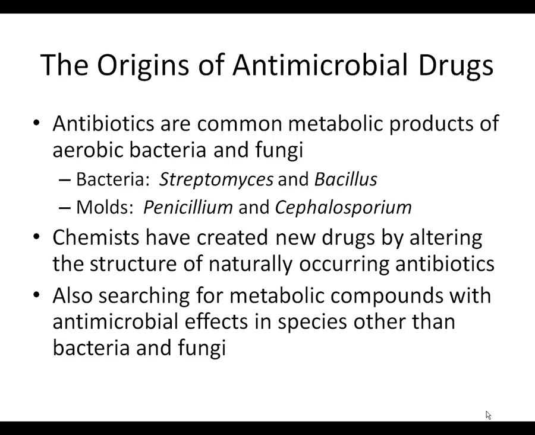There are some different origins of antimicrobial drugs. The first antibiotics basically were identified as metabolic products of specific bacteria and fungi. The bacteria that are most common for the production of antibiotics are the Streptomyces genus and the Bacillus genus.